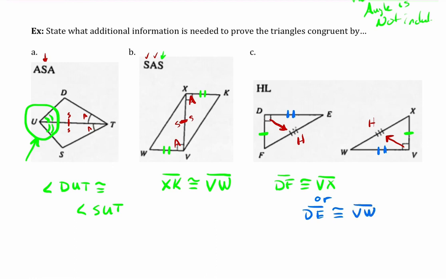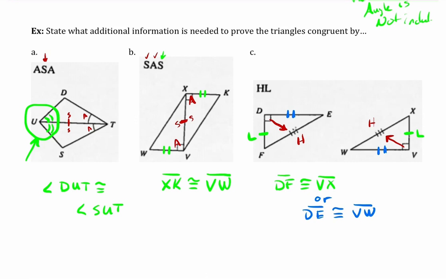So this is an or, meaning we could have chosen either one of those pairs, and in either case HL would have worked. We only need one pair, not both, but we do need one of them.